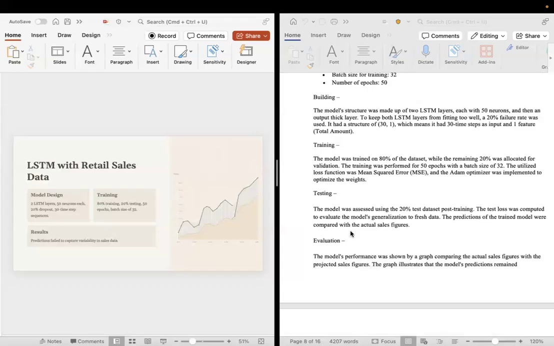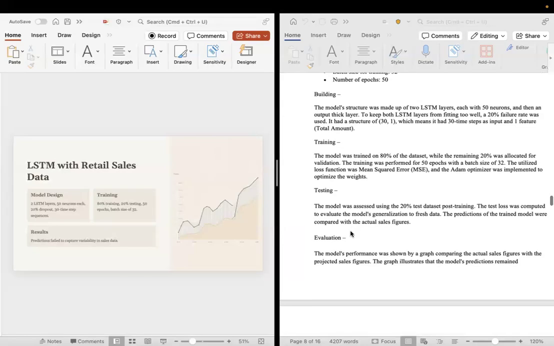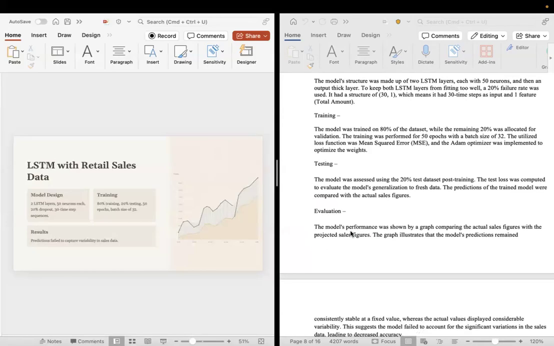The model was assessed using the 20% dataset post training. The test loss was computed to evaluate the model's generalization to fresh data. The predictions on training data were compared with the actual sales figures.